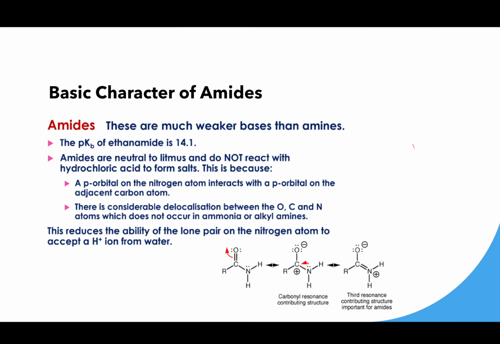And what do bases do? Bases accept protons. So if your electrons are busy participating in conjugation, it's not going to work out for you as a good base. A good base has its electrons sitting right there waiting.